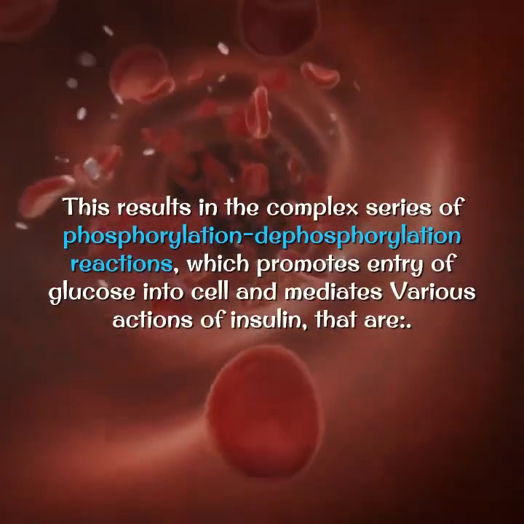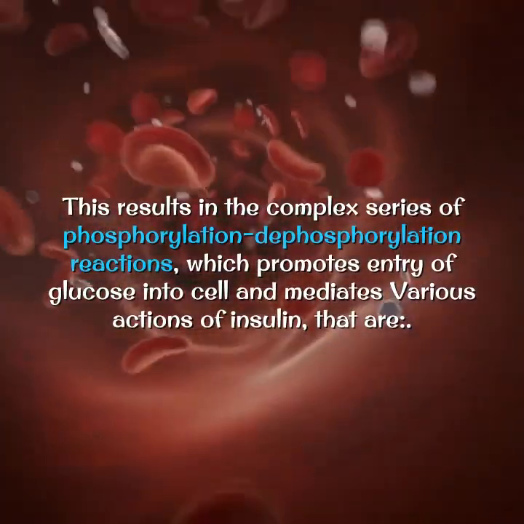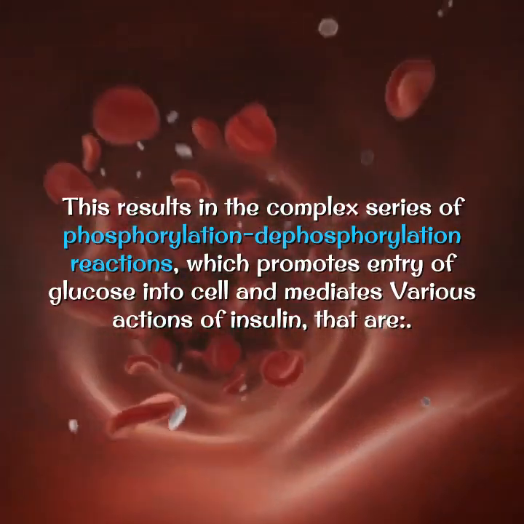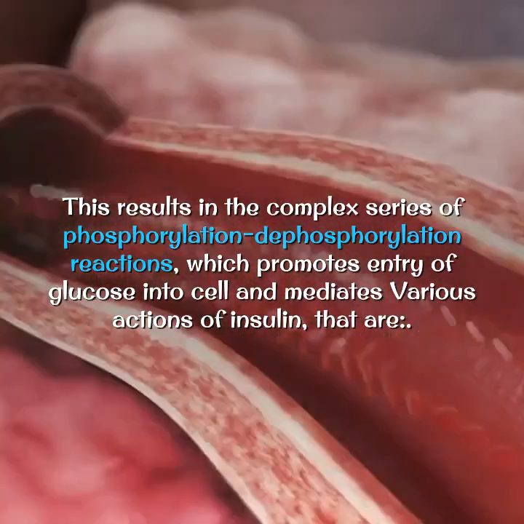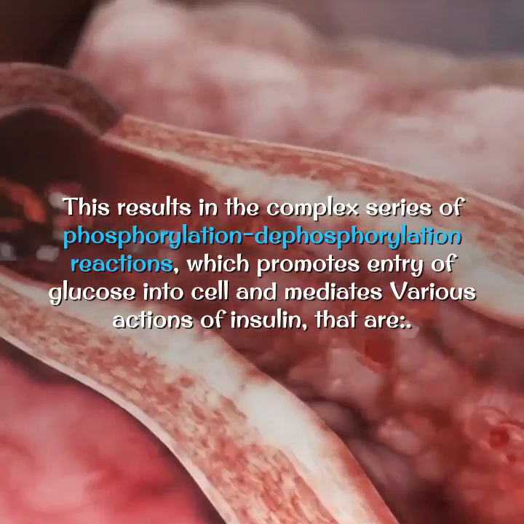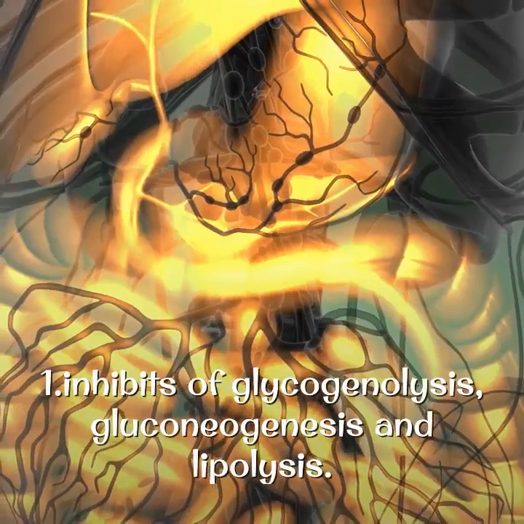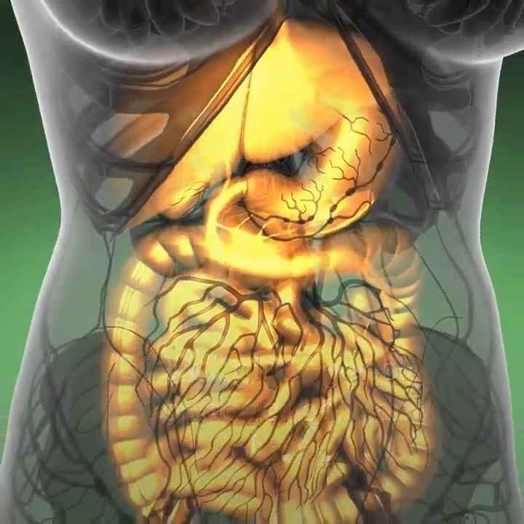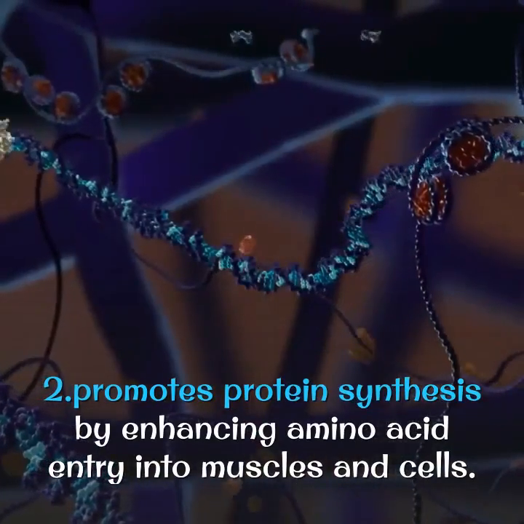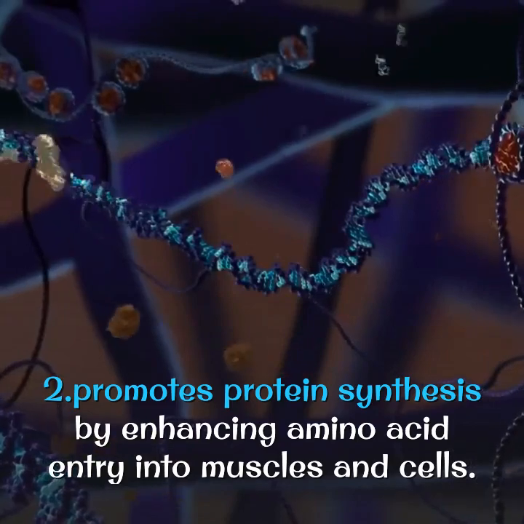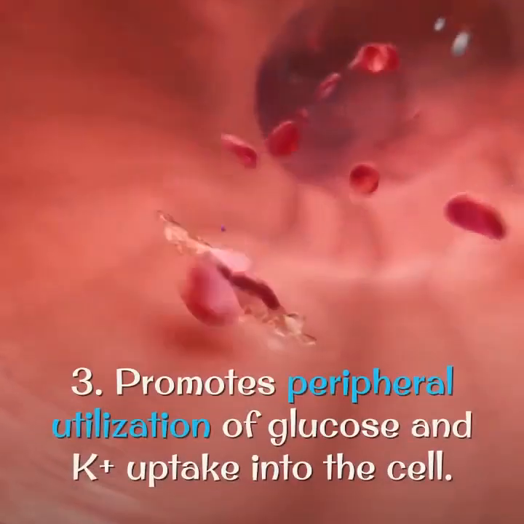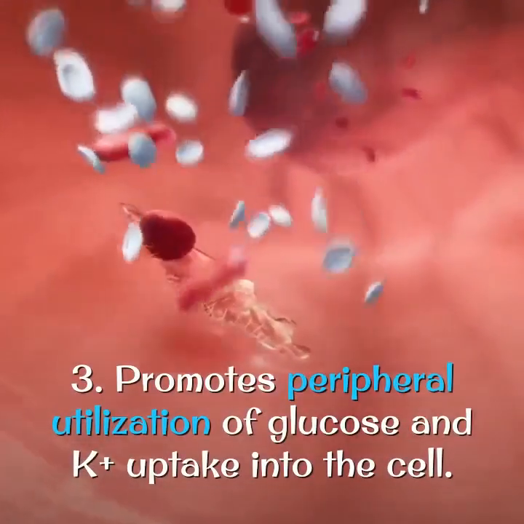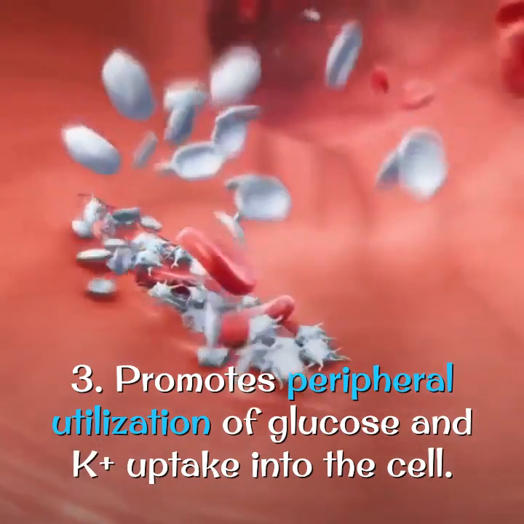This results in a complex series of phosphorylation-dephosphorylation reactions, which promotes entry of glucose into the cell and mediates various actions of insulin, that are: 1. Inhibits glycogenolysis, gluconeogenesis and lipolysis. 2. Promotes protein synthesis by enhancing amino acid entry into muscles and cells. 3. Promotes peripheral utilization of glucose and K+ uptake into the cell.